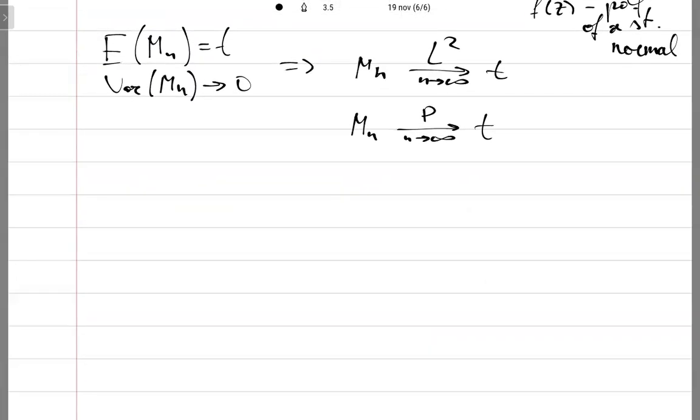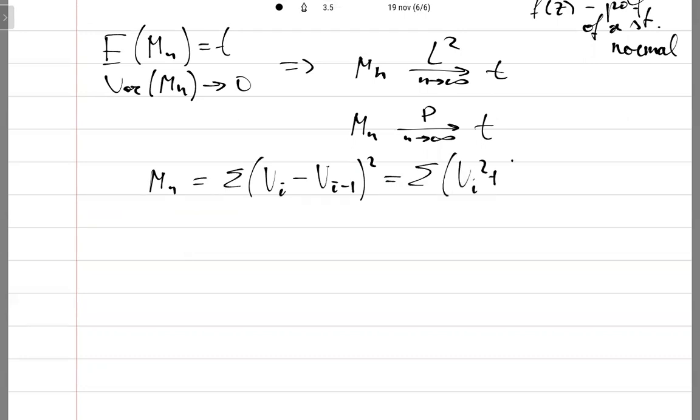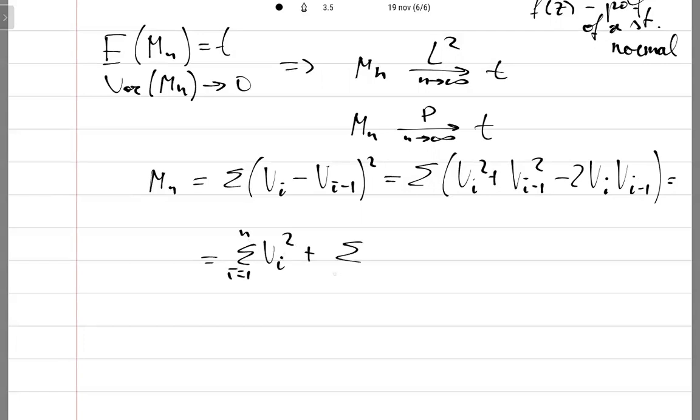Now let's look a little bit once again at Mn. Mn is just the sum of vi minus vi minus 1 squared, which is the sum of vi squared plus vi minus 1 squared minus 2 vi vi minus 1. That is the sum of vi squared, i ranging from 1 to n, plus the sum of vi minus 1 squared, i ranging from 1 to n, minus 2 times the sum of vi vi minus 1.